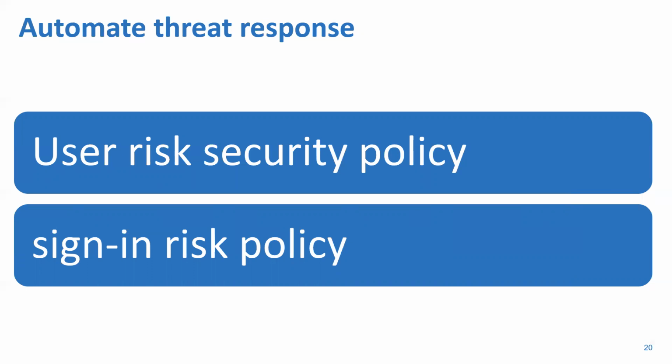So within Azure AD Plan 2, there is a feature called Azure AD Identity Protection, which is an artificial intelligence based, let's say, tool or a process that checks if a user is risky or if a sign-in is risky.